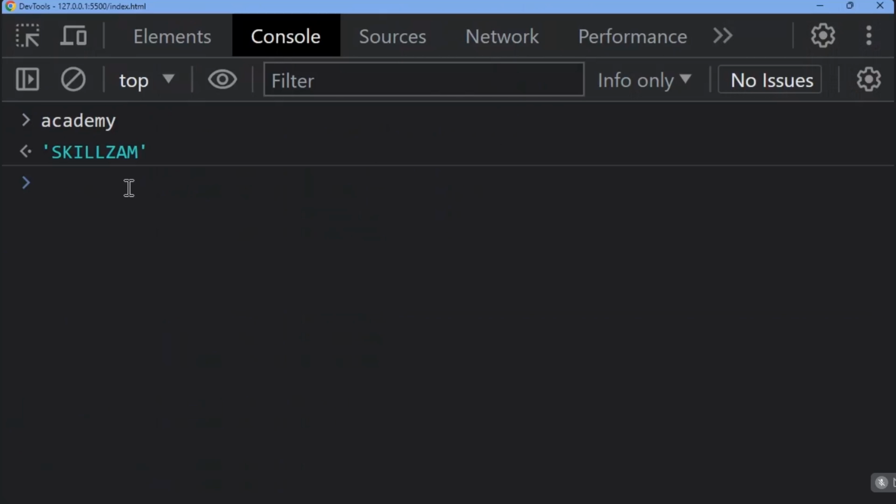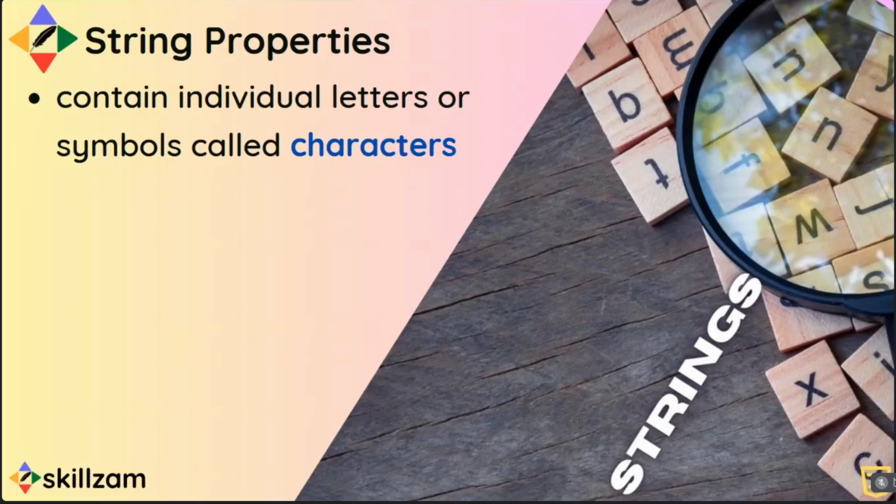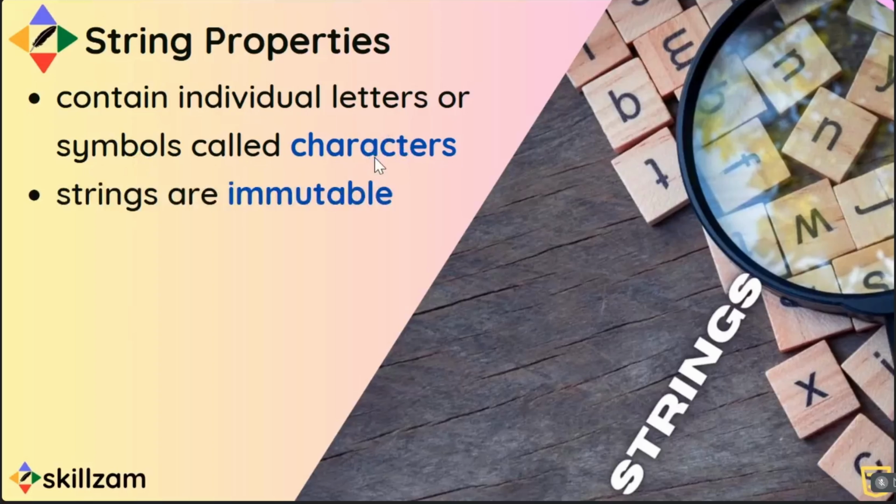In academy, S is a character, K is a character, I is a character, L, Z, A, M, all these are individual characters. So a string contains individual letters or symbols, and they are called characters. We have also seen that strings are immutable. But strings have a length. What does this mean? We are saying that a string has a particular length, which means there is something associated with finding the length.